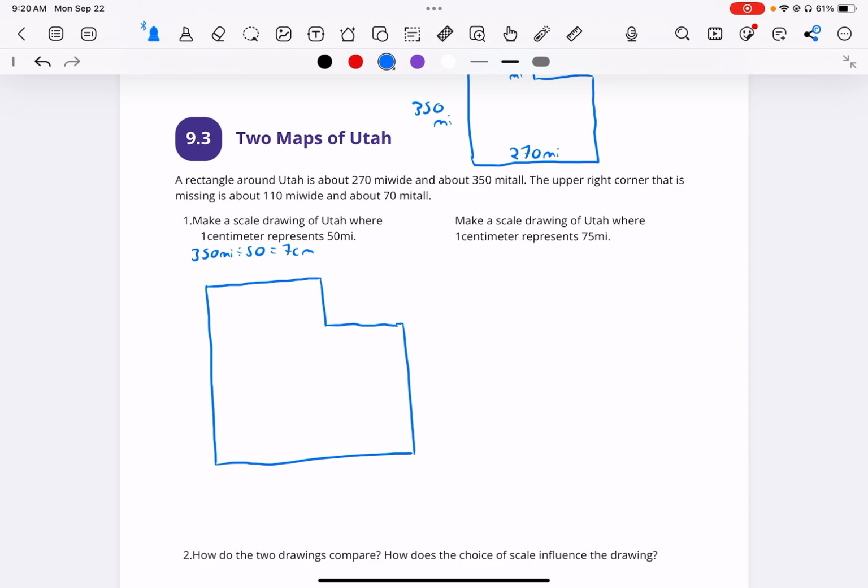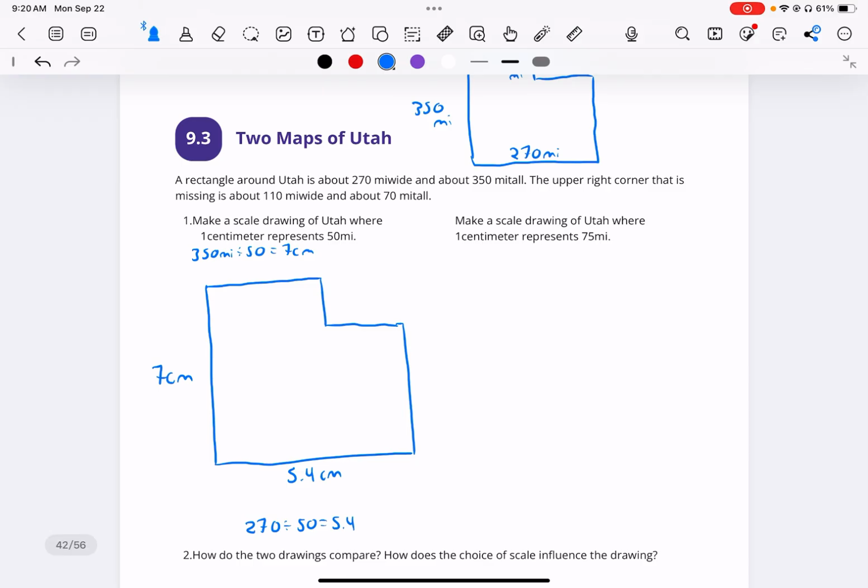And that would be 7 centimeters tall. To figure out how wide it is, I can do 270 divided by 50, and that gets me 5.4 centimeters.